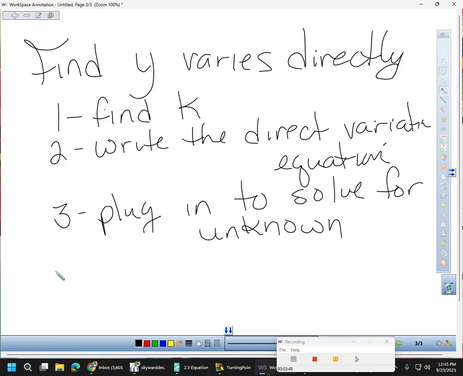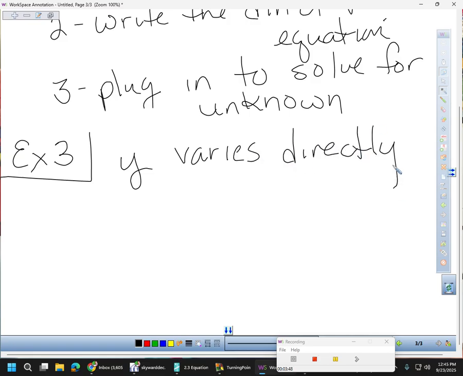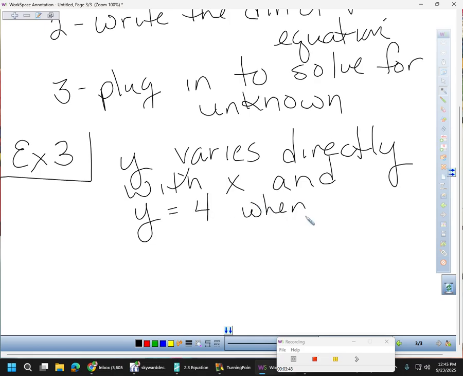Seems like 3 easy steps, right? Okay. Here's example number 4. Right? Nope, number 3. Okay. It's going to tell you y varies directly with x, and y equals 4 when x equals negative 8.